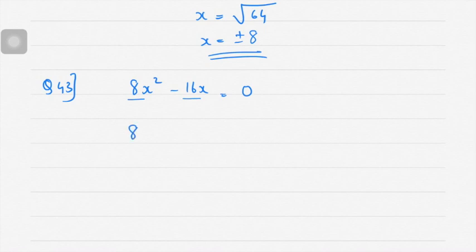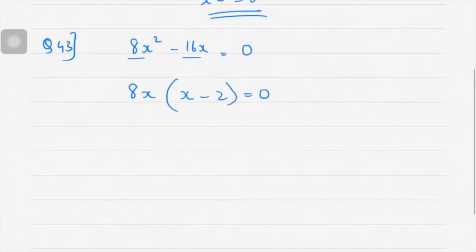Whatever is common here, we'll take that out. 8 is common, and x is common. Whatever is remaining, which is x - 2, is equal to 0. So here 8x into (x - 2) is equal to 0.